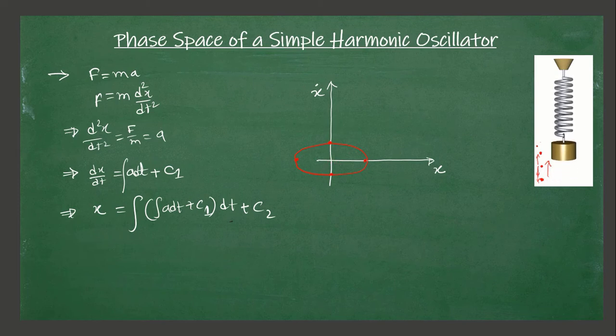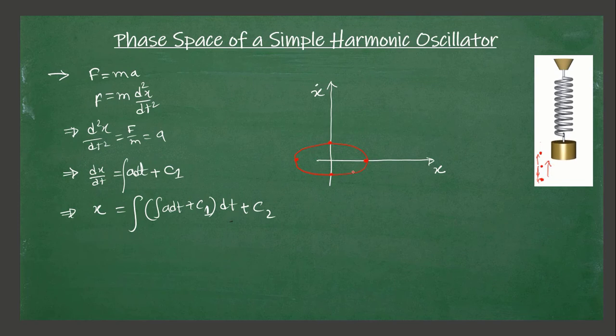From this diagram, as you can see, when the object is here, this point corresponds to this point in the phase space. After that, it goes in the upward direction, and we said that the upward direction is negative, so its velocity becomes negative, while the position is still not.